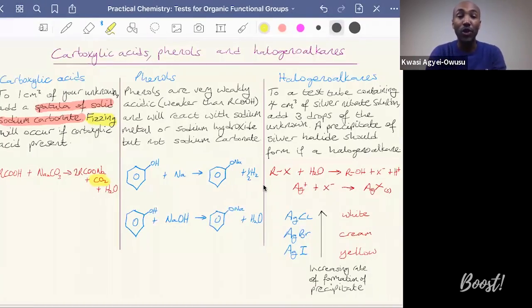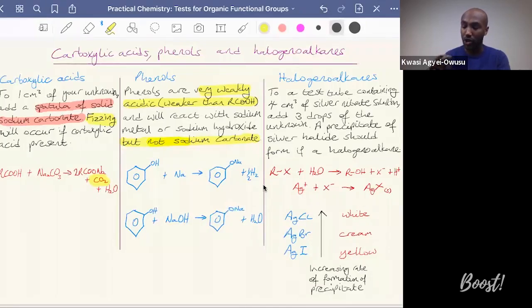Now, phenolic OH groups, or phenols, are also acidic. They are weakly acidic, in fact, very weakly acidic, and so much weaker than carboxylic acid groups. So it's important to note that point there. Because they're much more weakly acidic, they do not react with your metal carbonate, so will not react with sodium carbonate.